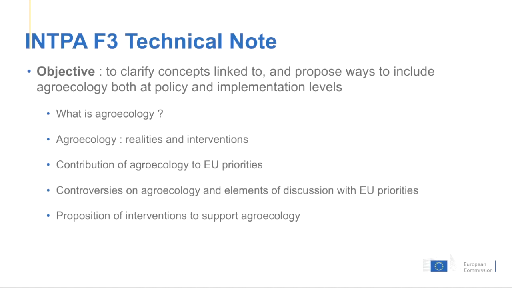We also discuss certain controversies on agroecology, and we propose a number of possible interventions to come to coherent action. So I won't be presenting this document, but it is available.